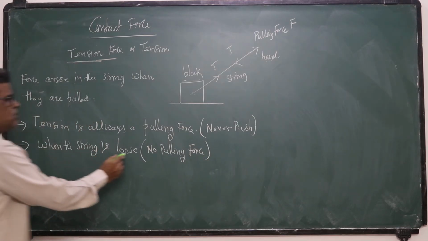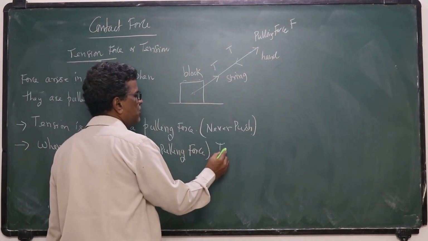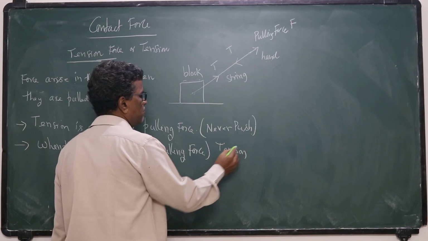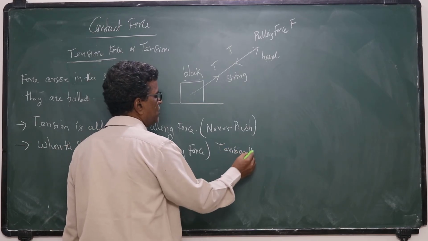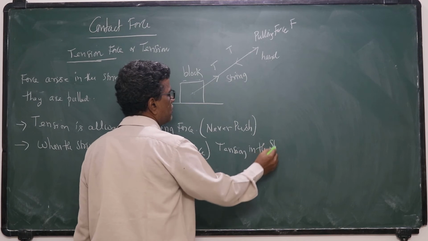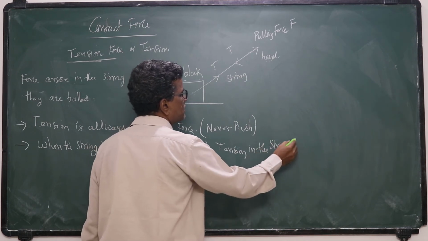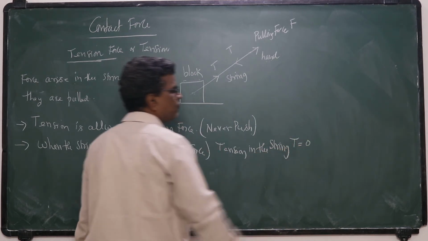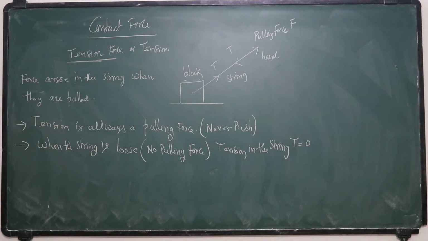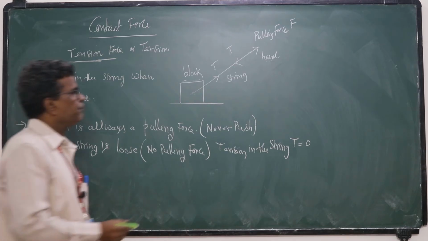So when the string is loose, what is the tension in the string? It is represented with the letter T. Tension in the string is 0. When the string is loose, there is no tension.